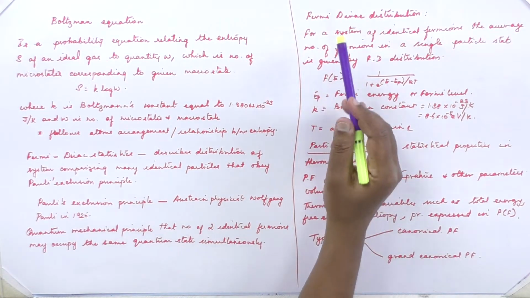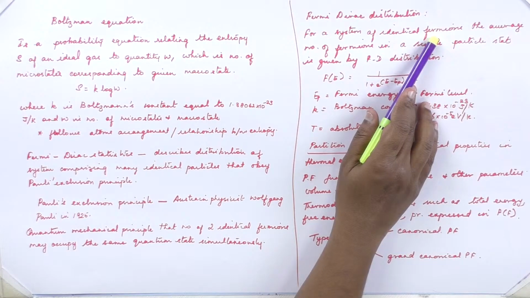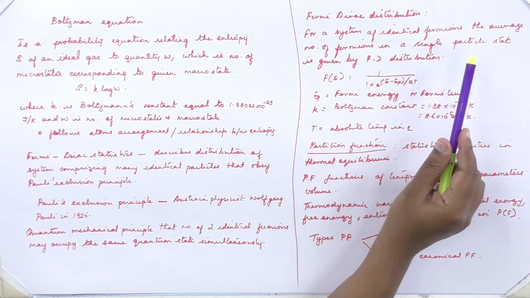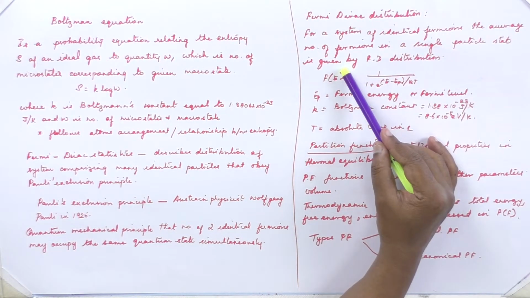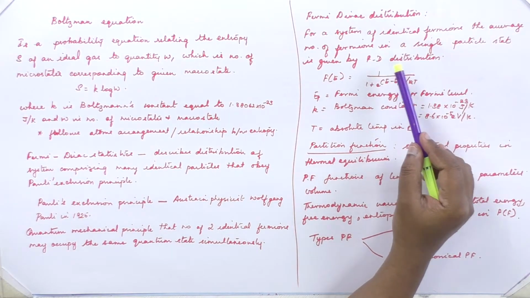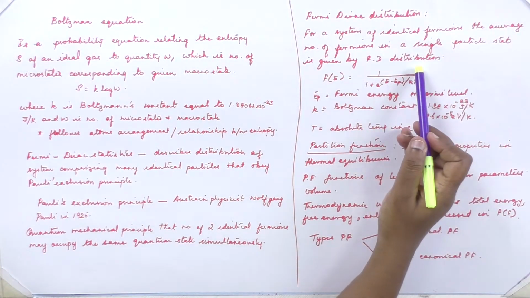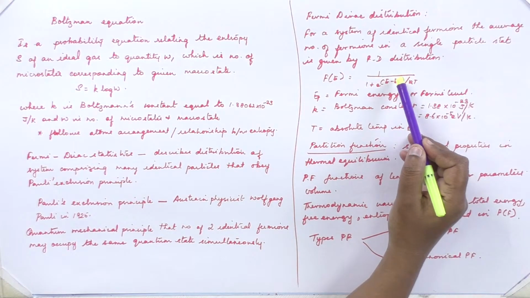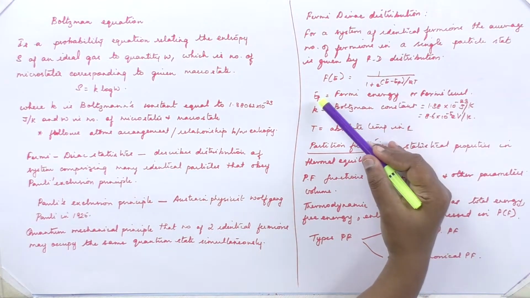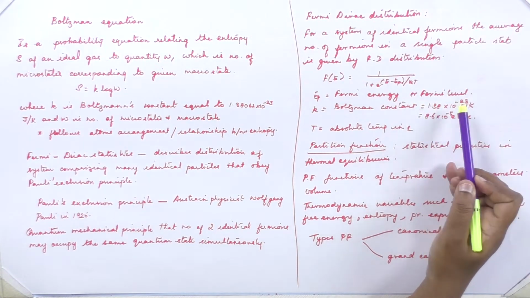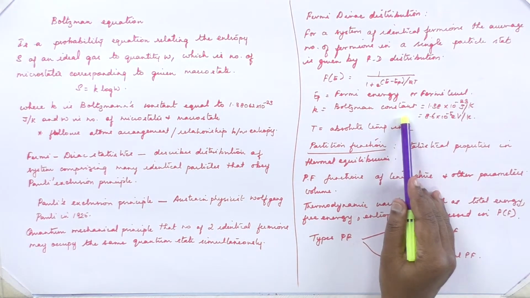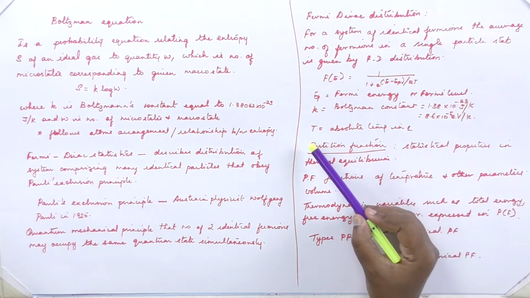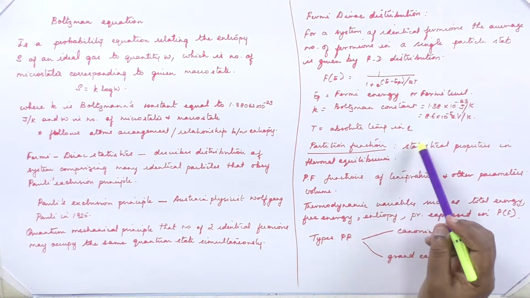When we look at the Fermi-Dirac distribution for a system of identical fermions, it gives the average number of fermions in a single-particle state. The equation is defined as f(E) = 1 / (1 + e^((E - Ef)/kT)), where Ef is the Fermi energy or Fermi level, k is the Boltzmann constant, equal to 1.38 × 10^-23 joules per Kelvin, and T is the absolute temperature in K.